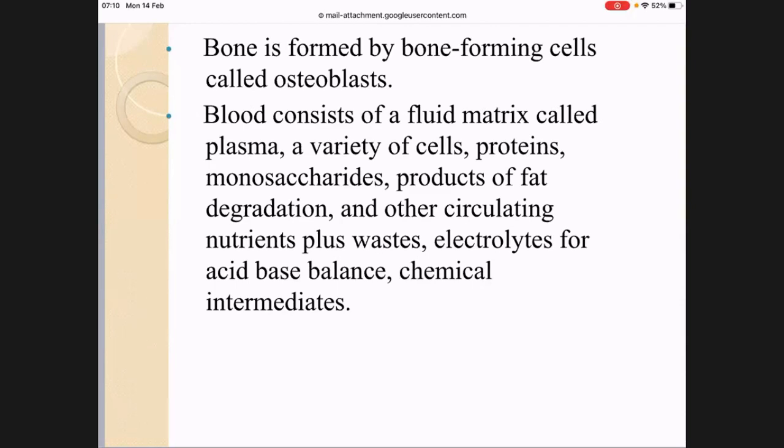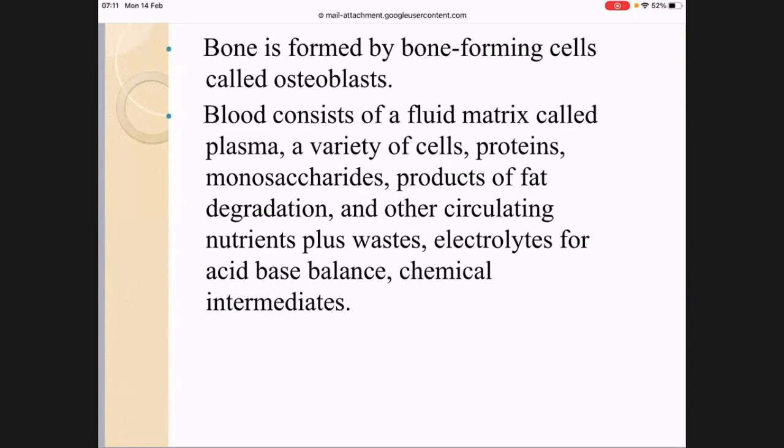Serum has enzymes. Plasma has proteins, so that's different. Blood separates into plasma and cells, and from the plasma, you get the serum, devoid of fibrin. Just refer to plasma and serum.